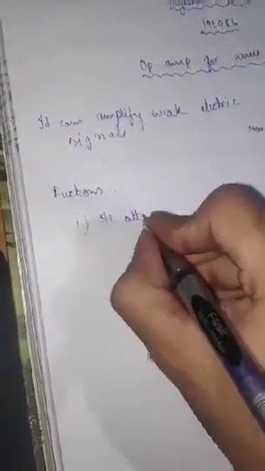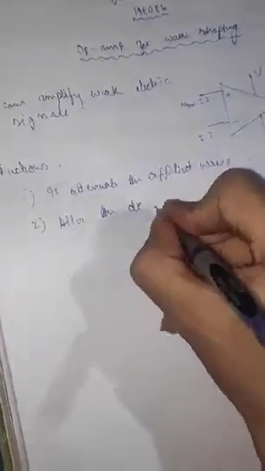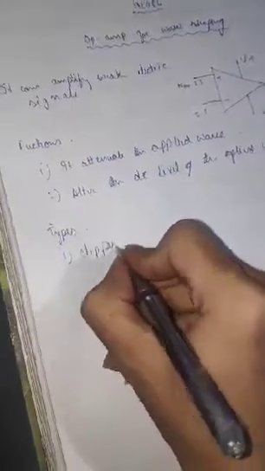Number one, it attenuates the applied wave, and number two, it alters the DC level of the applied wave. It has two types. Number one, clipper, and number two, clamper.